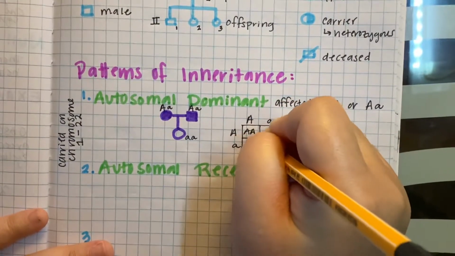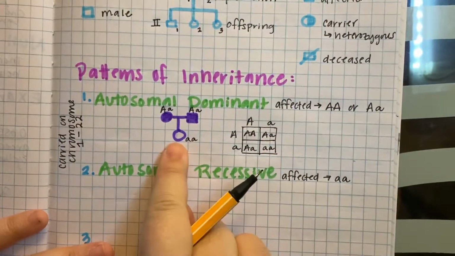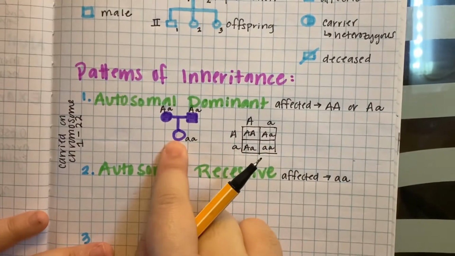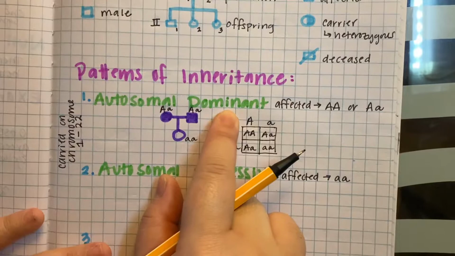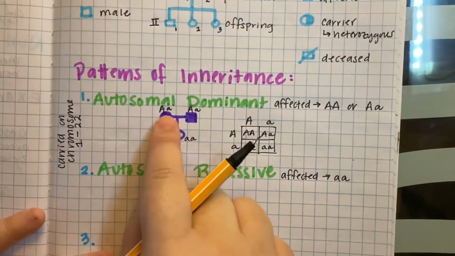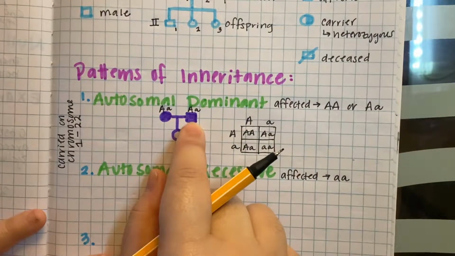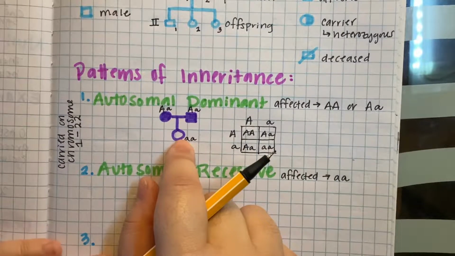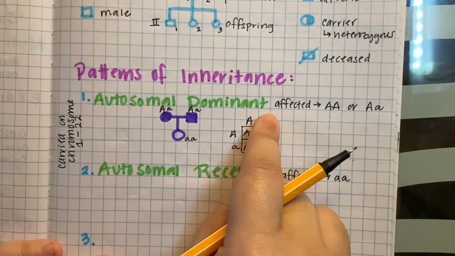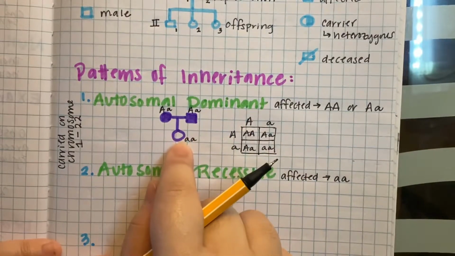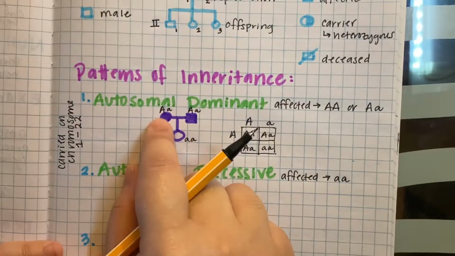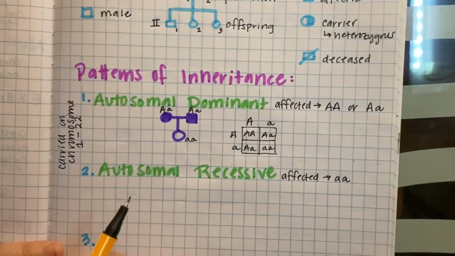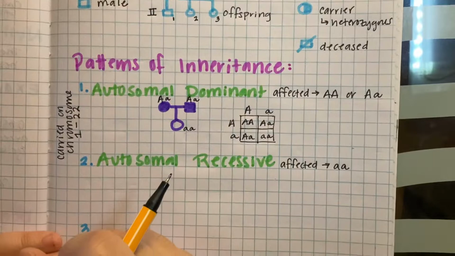Okay, so it's possible that they could have an offspring who's homozygous recessive and therefore will be unaffected if this is autosomal dominant. So this is the pattern you're looking for. Are there two parents who are affected, and did they have any offspring that are unaffected? And that would help you figure out, oh, it must be dominant because that individual must be homozygous recessive, and then that means that these guys must be heterozygous. And then you can figure out the other genotypes as you go.